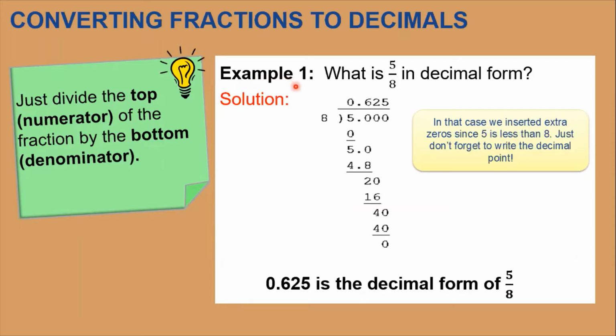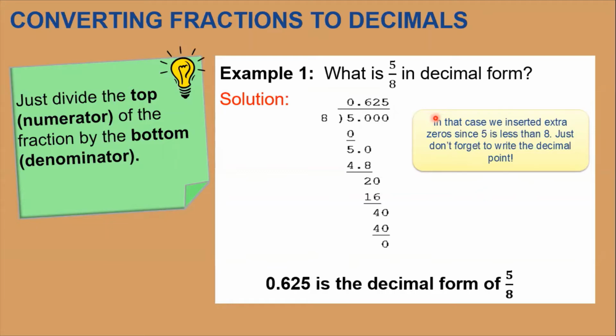Example 1, what is 5 over 8 in decimal form? Doing this process, 5 divided by 8, by the division operation we get 0.625.